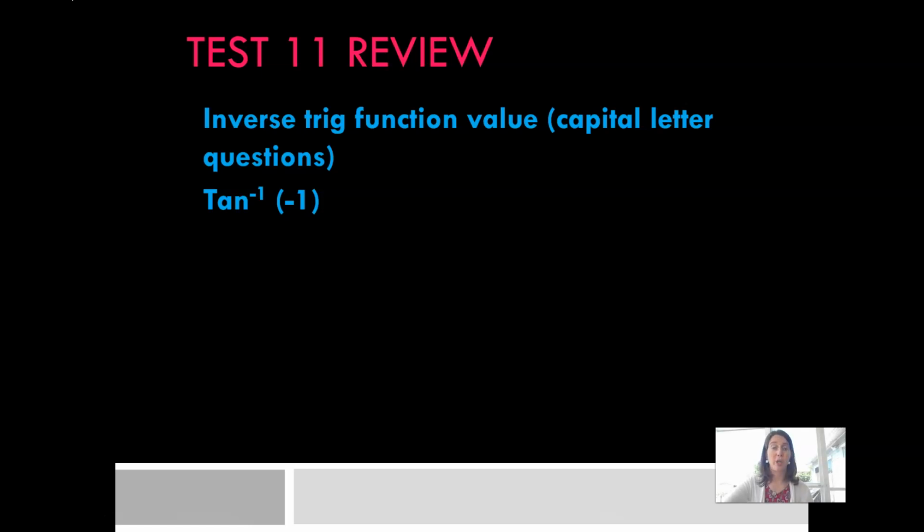However, 315 degrees is not the answer that I give on this question for the capital letters because we had to give it the fastest route to get to the 4th quadrant, and that was by giving a negative angle. So my final answer here would be negative 45 degrees. You can think through that. 360 minus 315 is 45, and I'm backing up. That's why it was a negative 45 in our question.